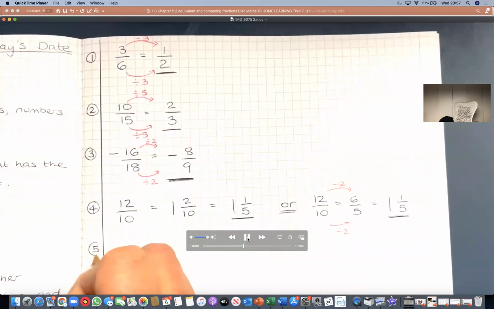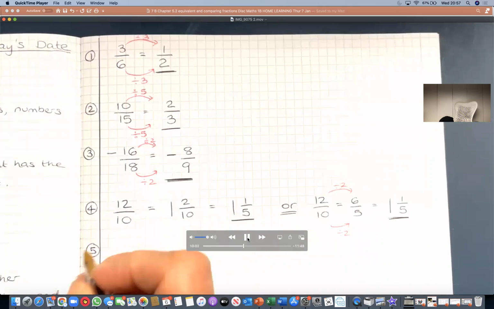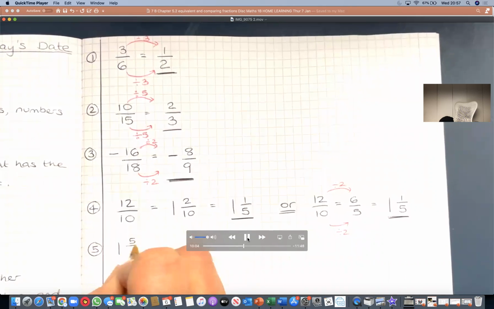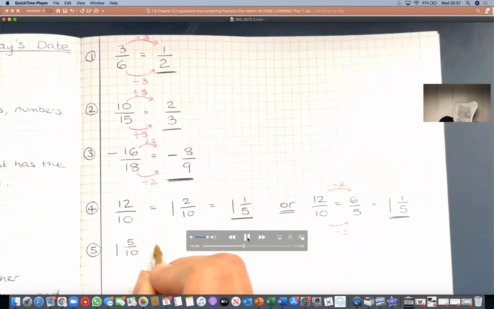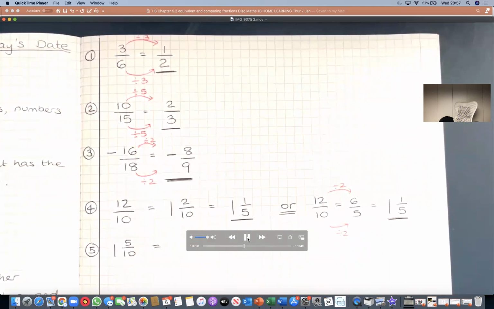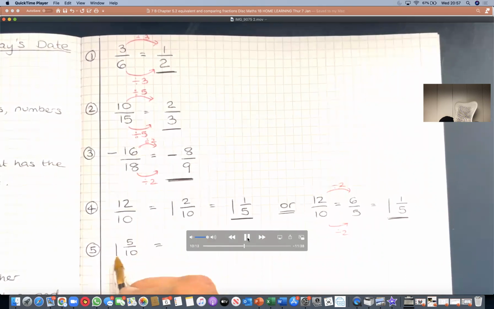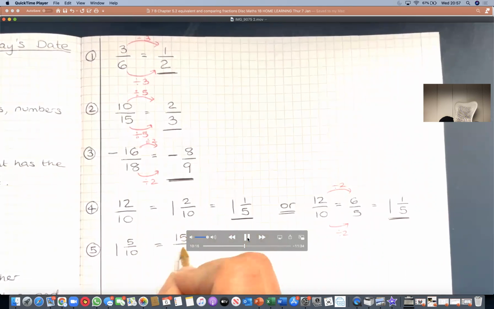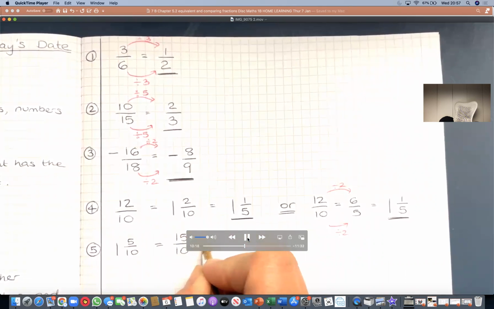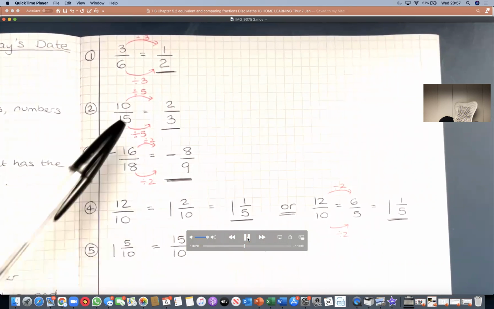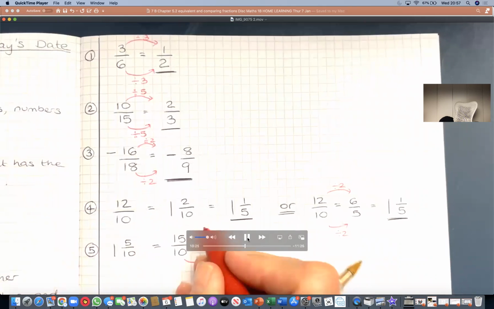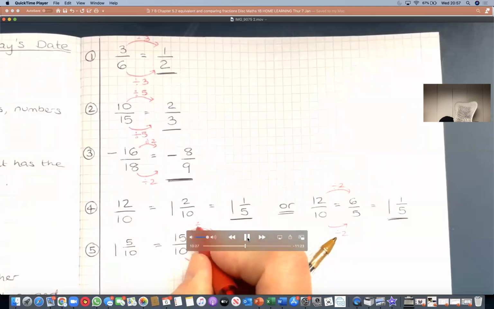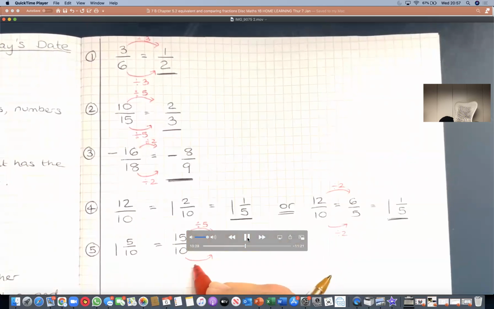Going the other way, starting with a mixed number, in this case 1 5 over 10. Again, I've got 2 different ways of doing it. I can do the conversion into an improper fraction first. 1 multiplied by 10 is 10, plus 5 gives me 15 over 10. And then I can simplify it down, very similar to question 2 up here. I'm going to be dividing the numerator and the denominator by 5.